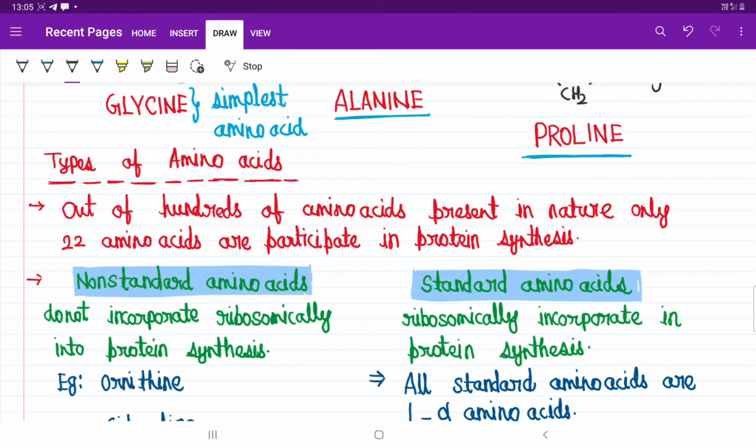Now we can classify amino acids on different bases. A very important basis of classification is standard and non-standard amino acids. These amino acids act as monomers for protein synthesis.